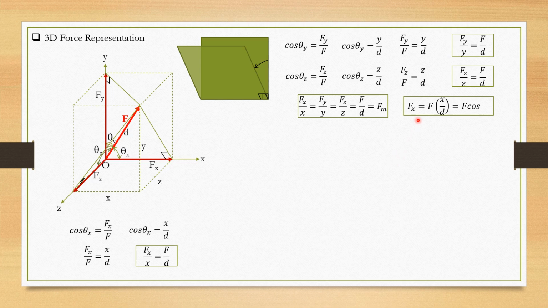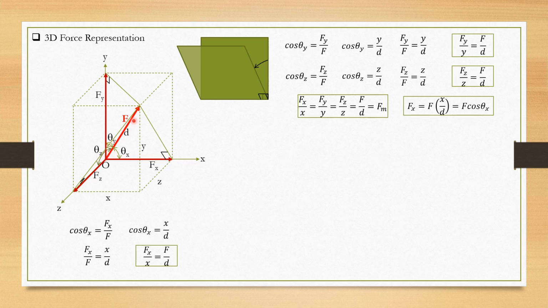So of course, the x component of force from this ratio is equal to the magnitude of the force times the x component of distance divided by distance. And remember, the x component of distance divided by distance is cosine of theta x. So therefore, the x component of the force is simply the magnitude of the force times the x component of distance divided by distance, or simply force multiplier times x, or x component of distance times force multiplier, or F cosine of theta x.